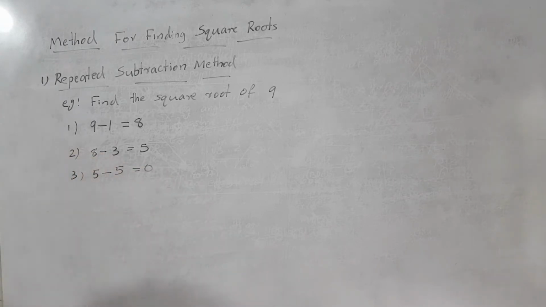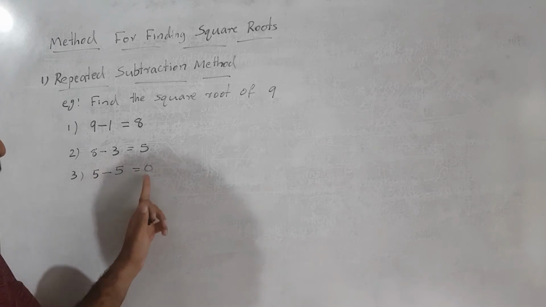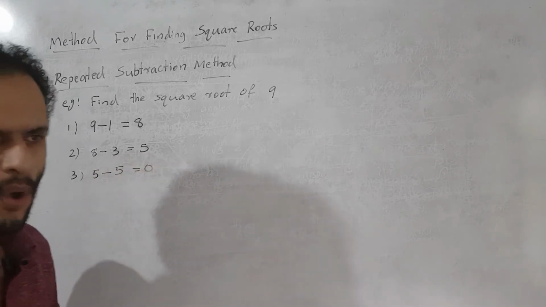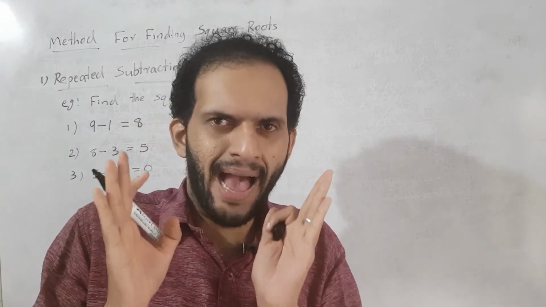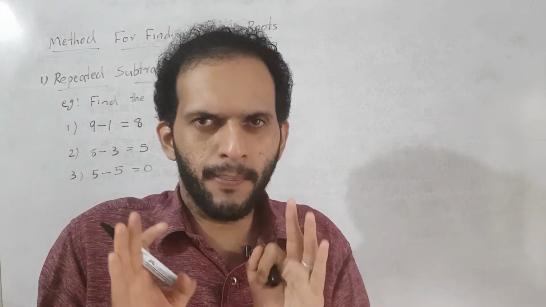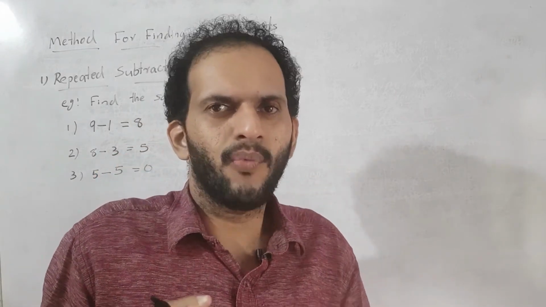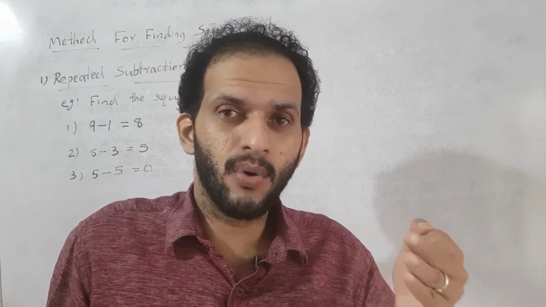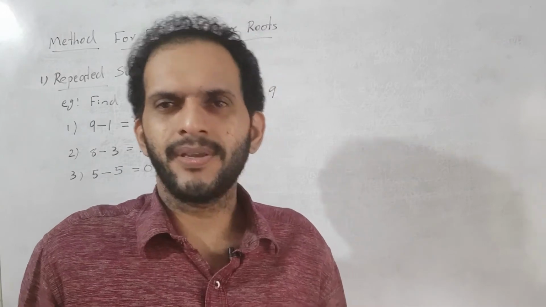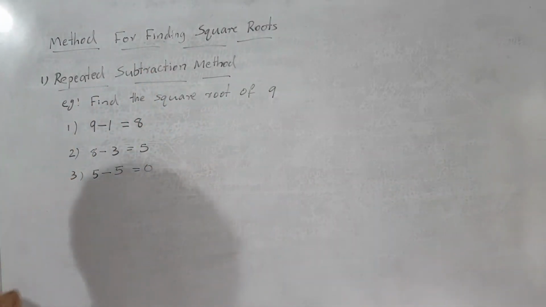Where we get the value 0, we stop there. Where we get the answer 0, we stop the process there. Then we count in which step we got the value equal to 0. Which step? The third step we got the value equal to 0.